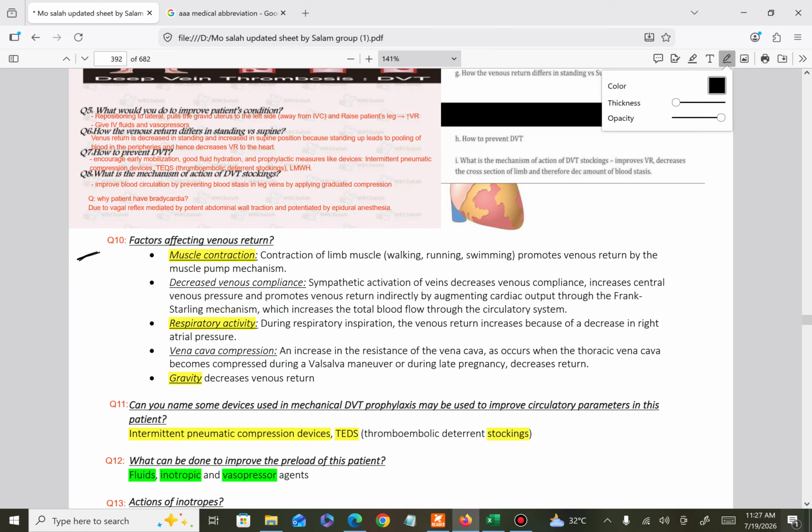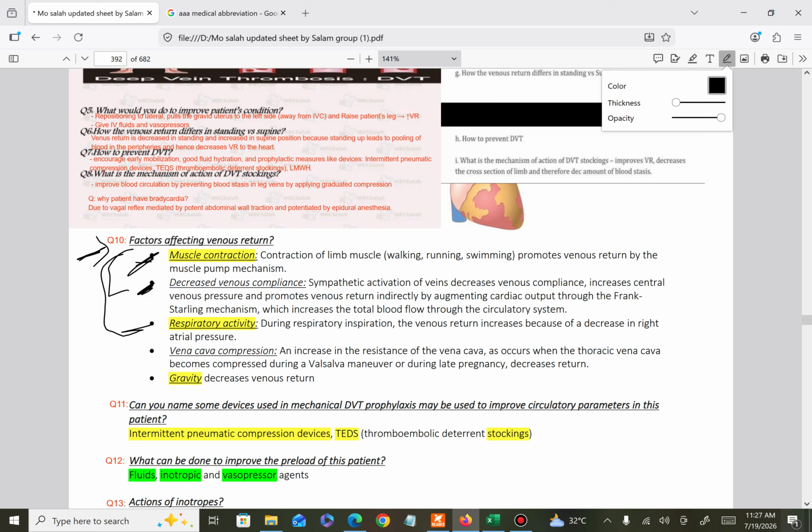Now the next question is factors affecting the venous return. So there are many factors: muscle contraction, decreased venous compliance, and respiratory activity. The first factor, muscle contraction, will promote the venous return.